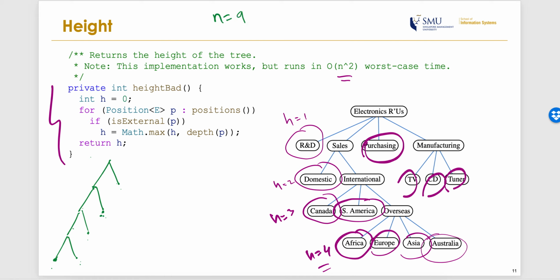In this case, the number of external nodes is actually 5. Let's say we look at the depth of each one of them. Now, the root is 0, so the depth of this one is 1. The depth of this one is going to be 2, and then the depth of this one is going to be 3, and the depth of this one is going to be 4 and 4.